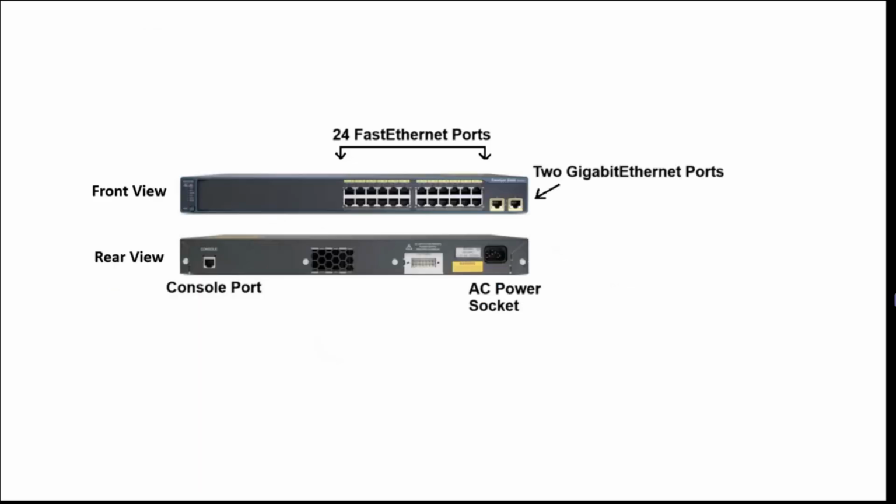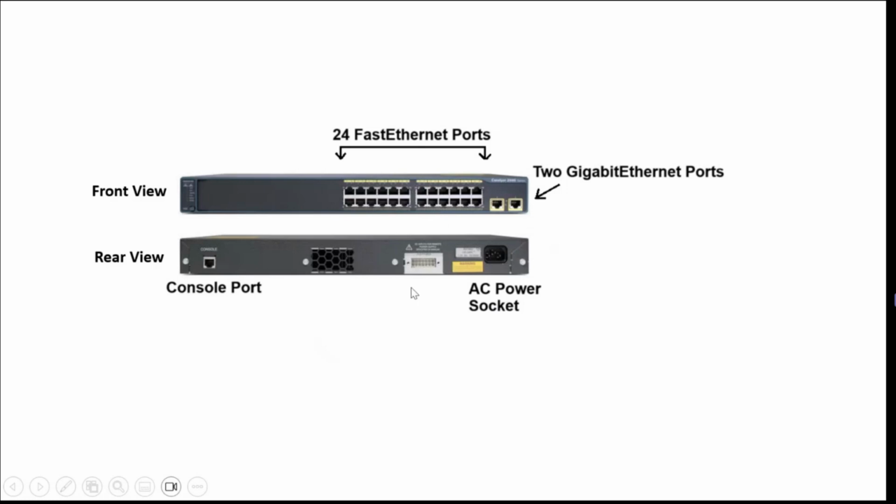Let's briefly discuss a physical Cisco switch. As you can see in this diagram, it is a Cisco 2960 model switch with 24 Fast Ethernet ports and 2 Gigabit Ethernet ports. All these ports are used to connect LAN devices.